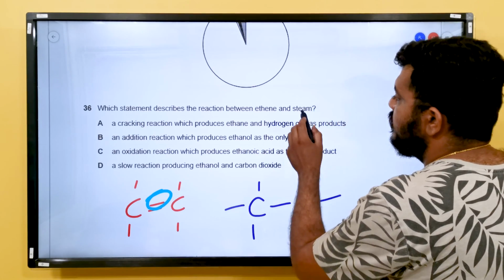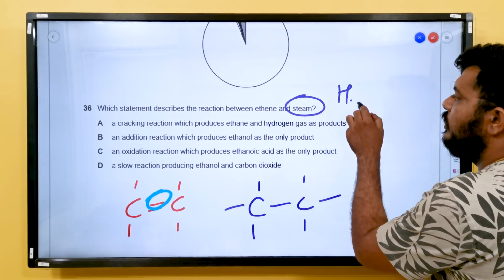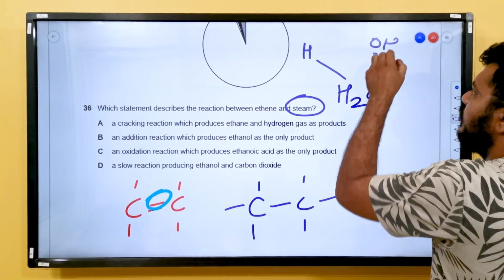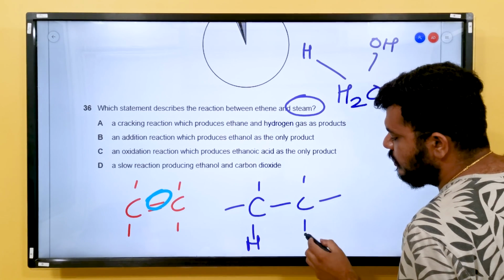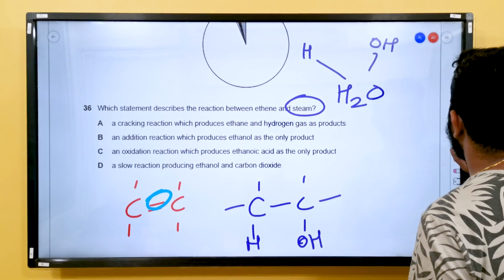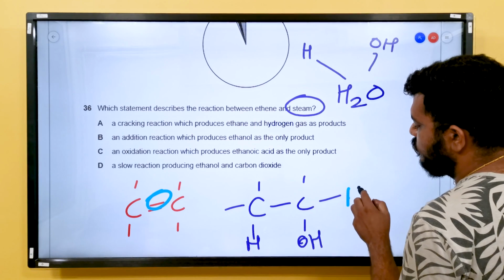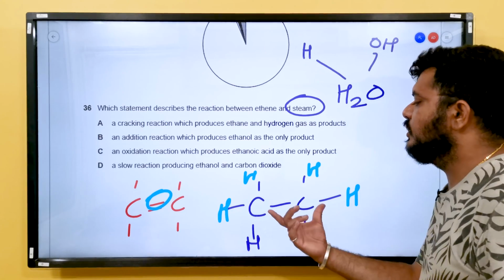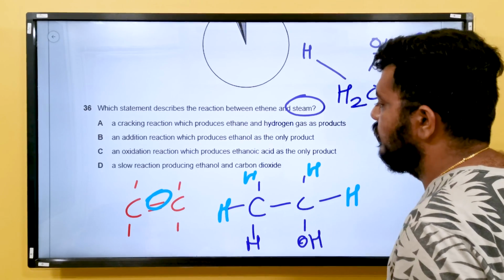Okay, so steam is water. This will break to H and OH. H attaches itself here, OH here, and the rest of the molecule is as it was, H, H, H, H. This is nothing but ethanol, right?